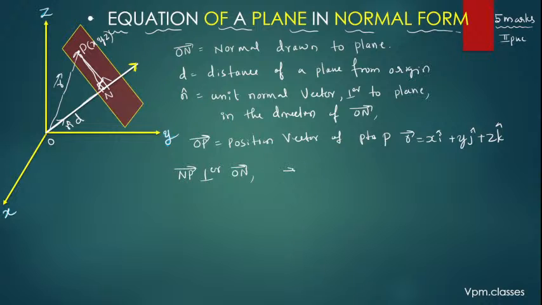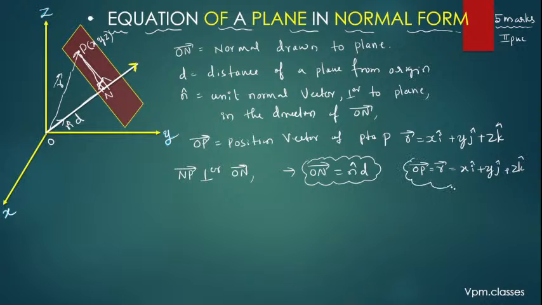And ON vector is simply given by n cap into D, where n cap is the unit normal vector and D is the distance of the plane from the origin. So we get ON vector as n cap D, and OP vector as r vector, which is equal to x i cap plus y j cap plus z k cap.